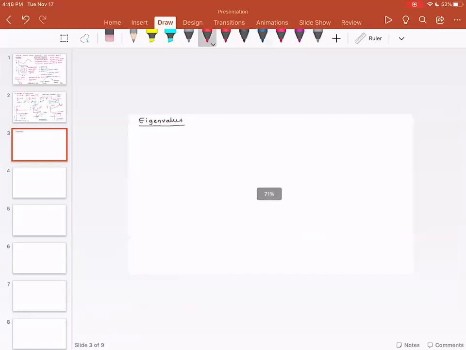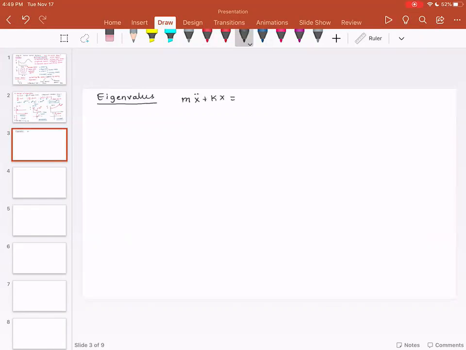Consider a simple spring mass damper system. So you have m x double dot plus k x is equal to 0. This system we studied multiple times.